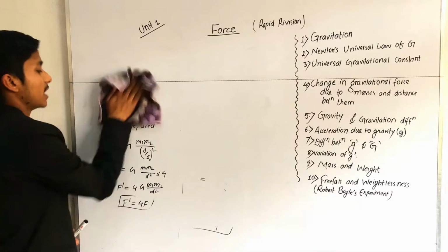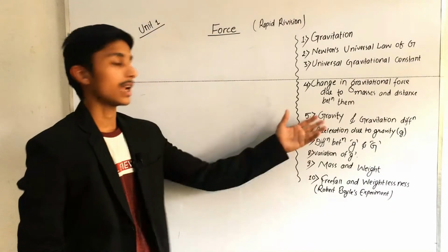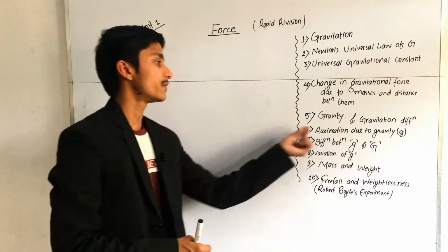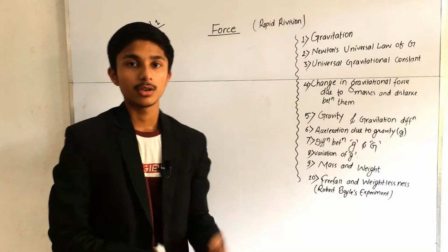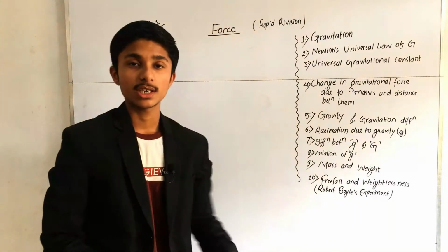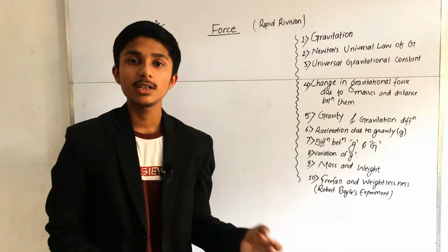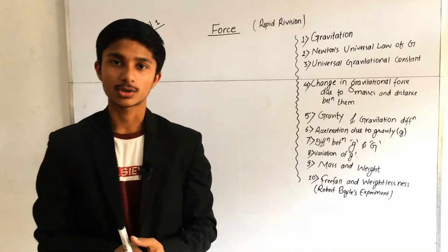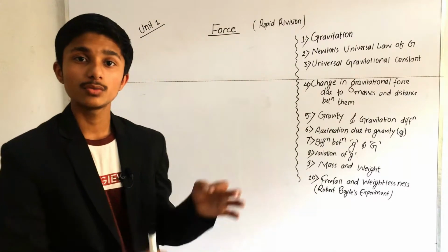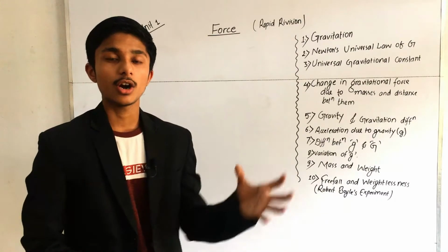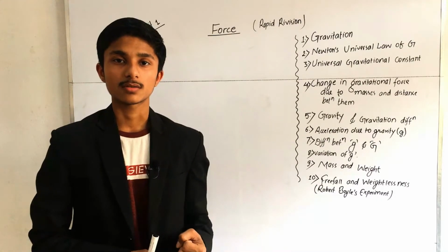Differences between gravity and gravitation. Before going to differentiate between them, we need to know about gravity. What is gravity? Gravity is the force with which heavenly bodies attract any object towards their center.